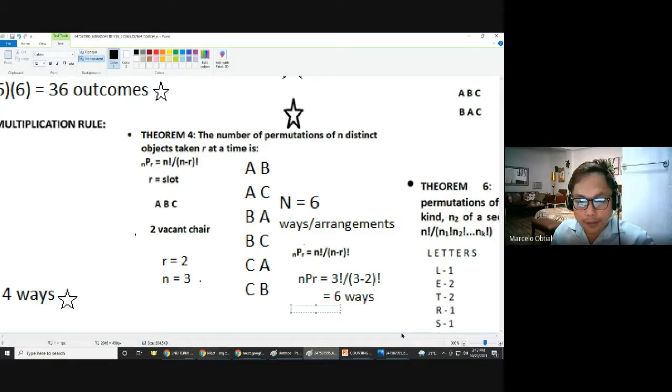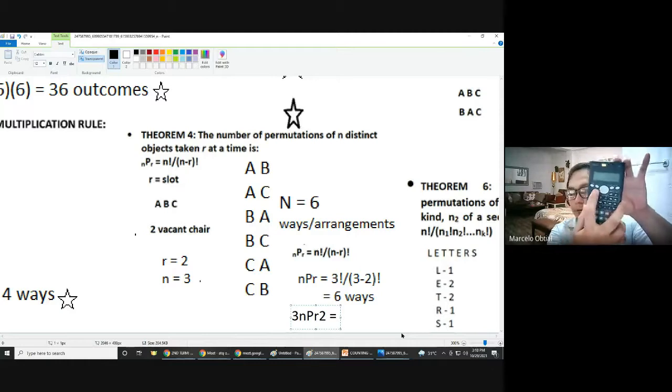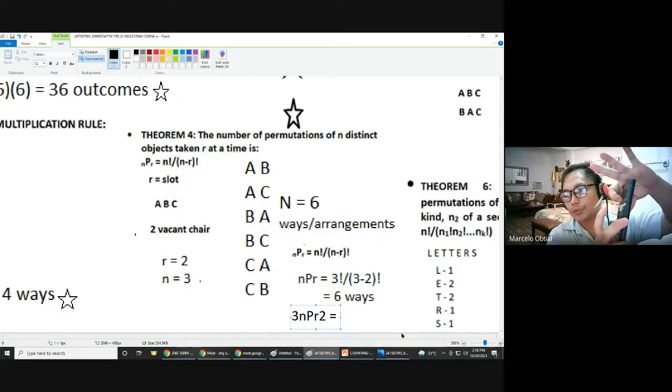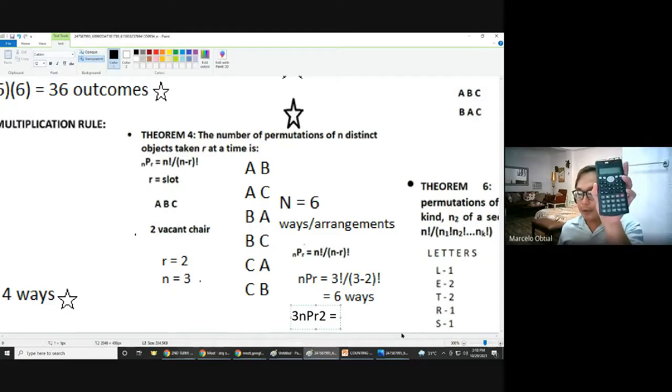You press 3, then hanapin yung NPR sa calculator nyo, then press 2. Usually, class, yung NPR ay nasa ilalim, you need to press shift, tapos X daw ata. Depende sa model ng calculator.